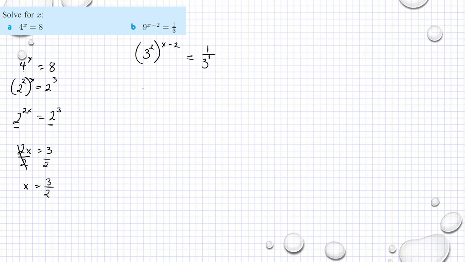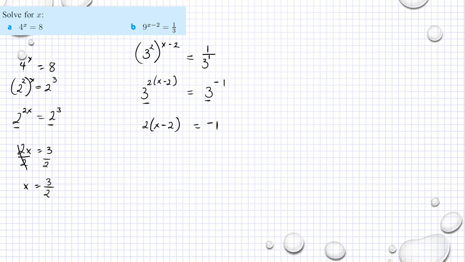So we have 3 raised to, we multiply 2 times x minus 2, is equal to 3 raised to negative 1. Now we're ready. 2 times x minus 2, even in parentheses, is equal to negative 1.